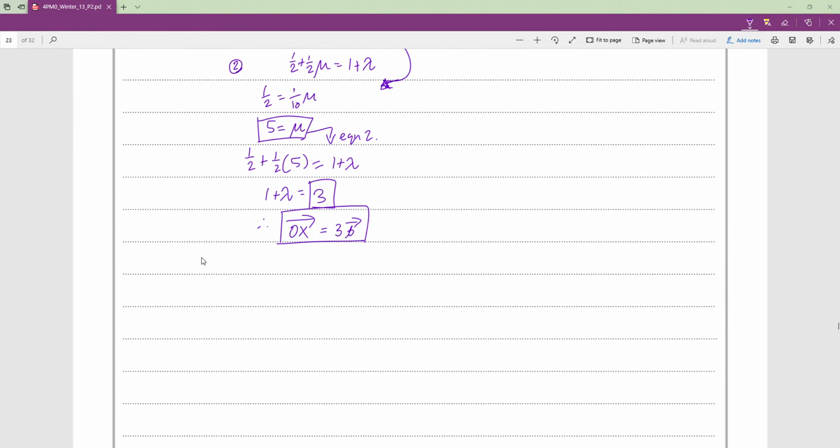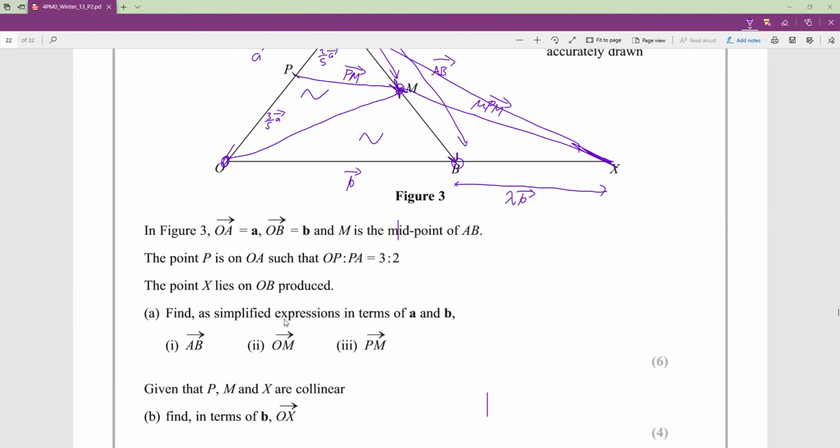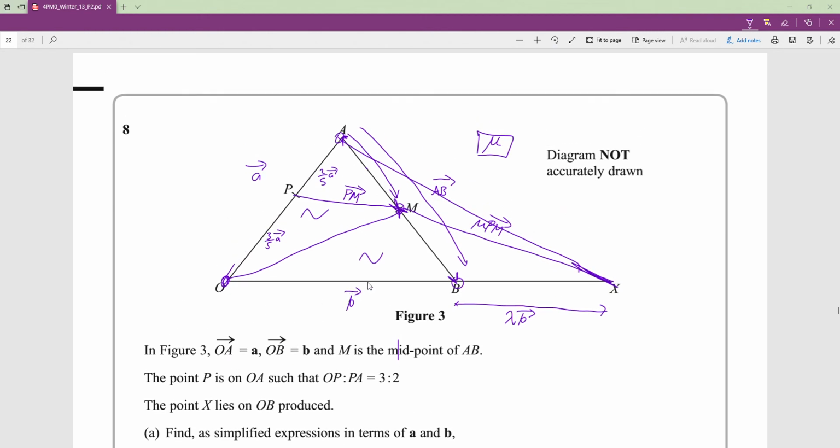Then actually let's write this argument down logically. One of the coolest things about further pure is that the examiners will take your answer as long as it makes sense, as long as it's a valid logical argument.